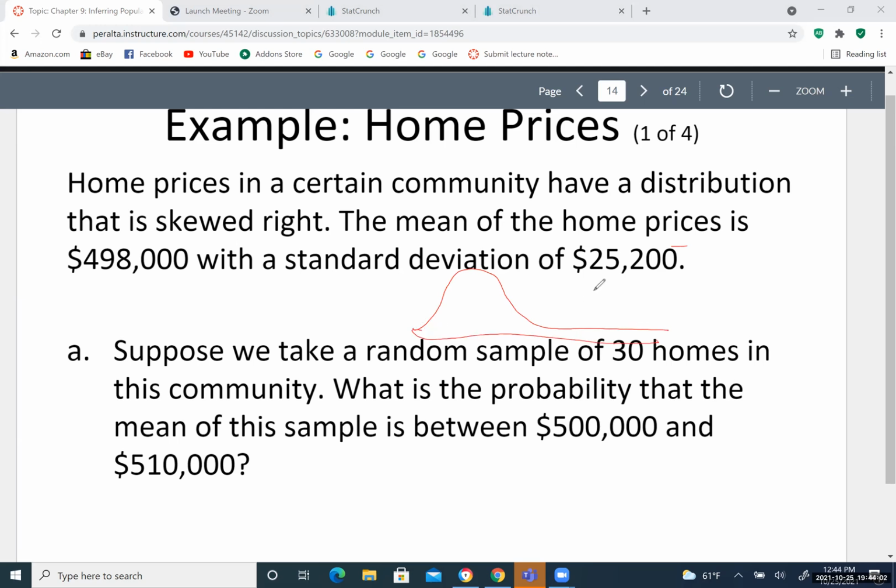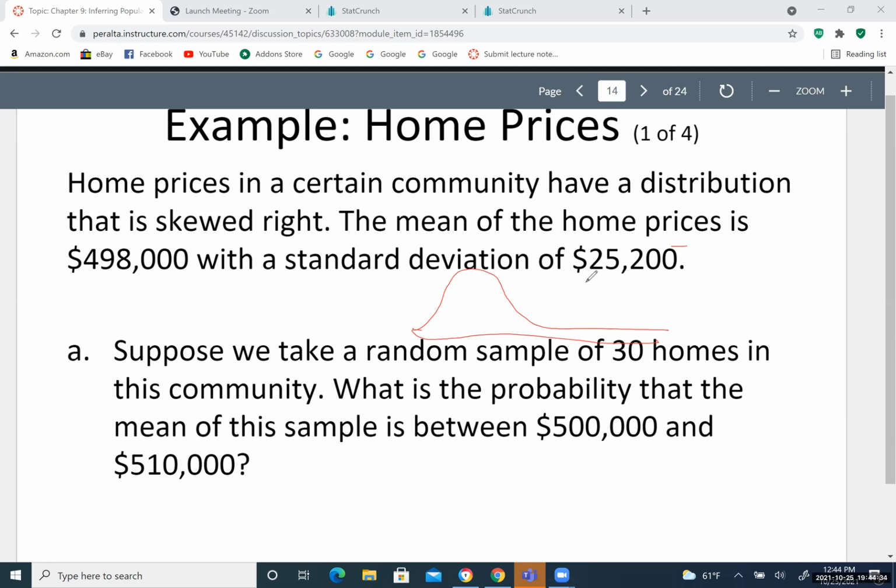The mean of the home prices is $498,000, with a standard deviation of $25,200. Part A: suppose that we take a random sample of 30 homes in this community. What is the probability that the mean of this sample is between $500,000 and $510,000?